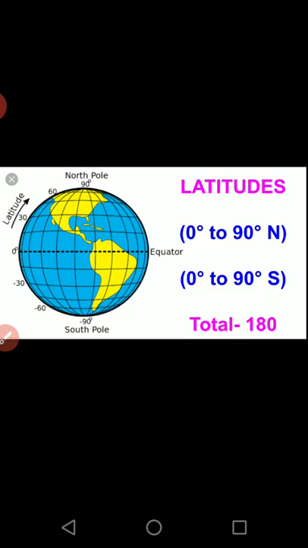Along with that, we also have these 90 degree latitudes not in the form of lines, but in the form of dots, because the circles get smaller and smaller, and to the north and south it is just a point actually, which is also called the North Pole and the South Pole. So including North Pole and South Pole and equator, altogether we are having 180 latitudes.